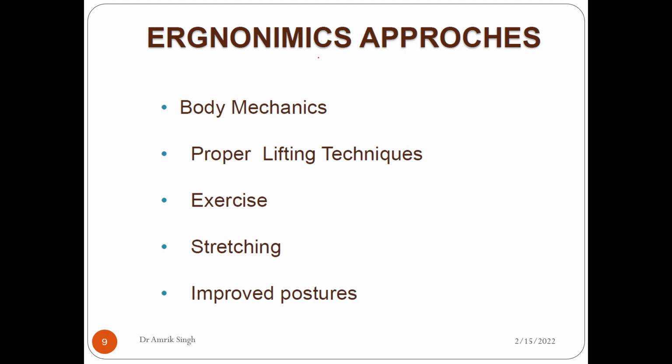Now, what are the different approaches used in ergonomics to follow the principle? Body mechanics is the first approach. Body mechanics means to what height our hand can go, how low we can bend, how we can rotate ourselves.